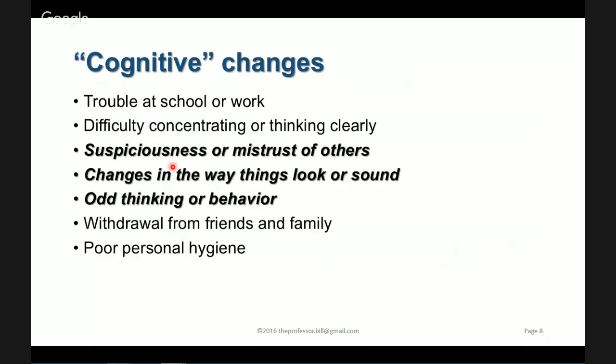Eventually, as this progresses, they might start having that prototypical suspiciousness of others or mistrust of other individuals. This change in perception that I mentioned to you earlier is often one of the characteristic features of schizophrenia, and things may sound or appear different.